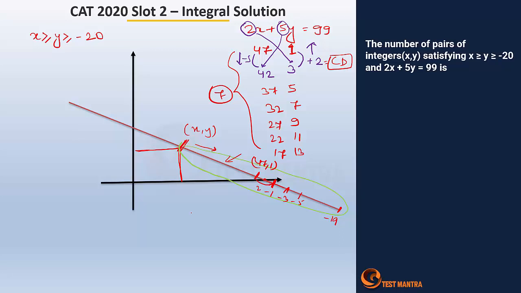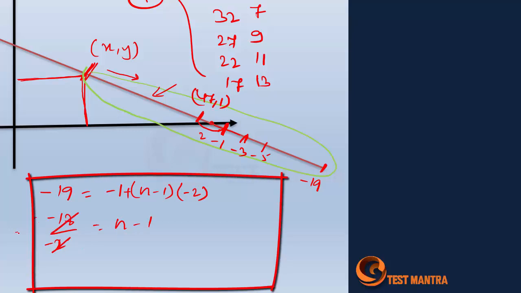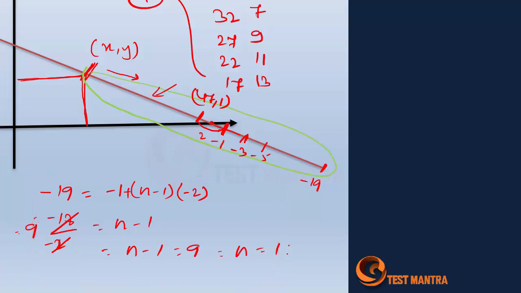So minus 19, which is my last term, should be equal to minus 1 plus n minus 1 times the common difference, where n is the number of terms and the common difference is minus 2. Also, minus 18 by minus 2 is n minus 1, so n minus 1 is 9, and n has to be 10.